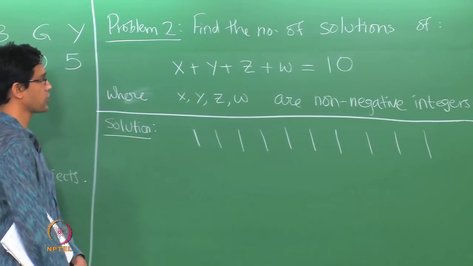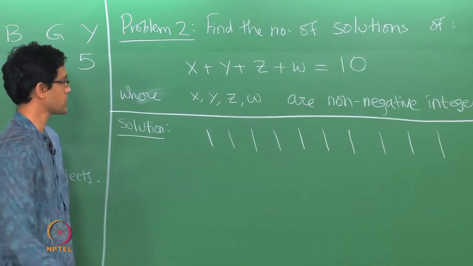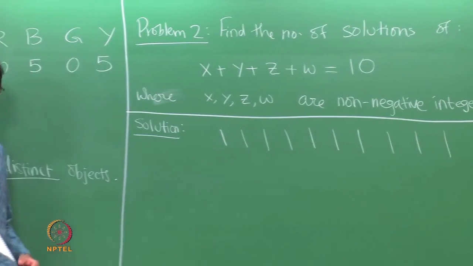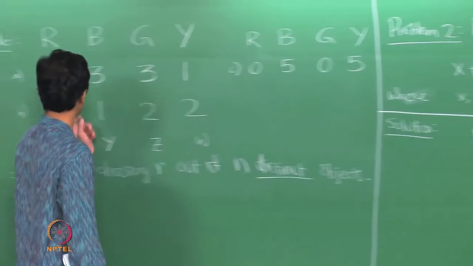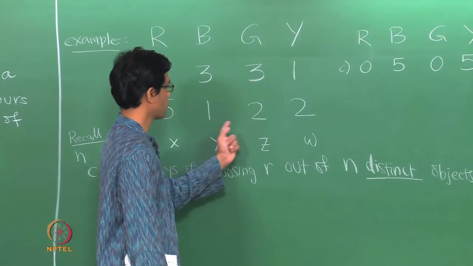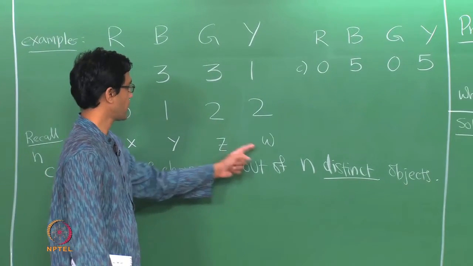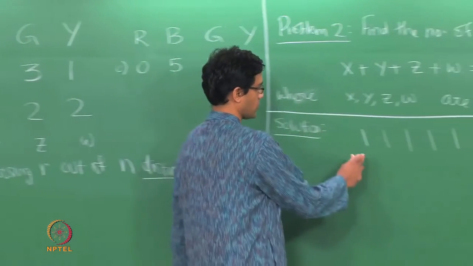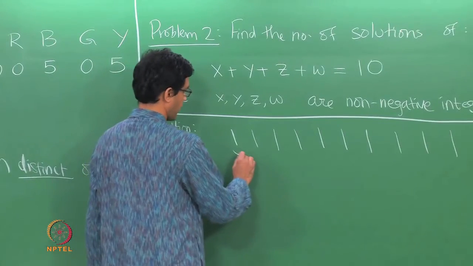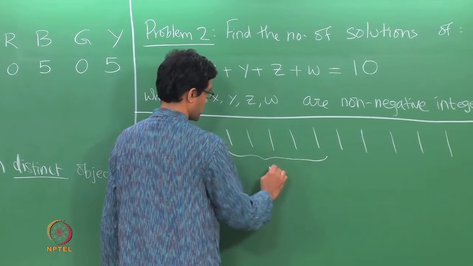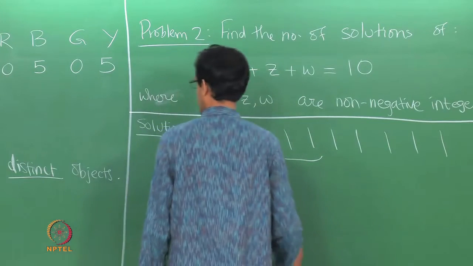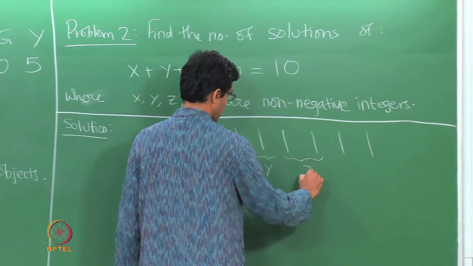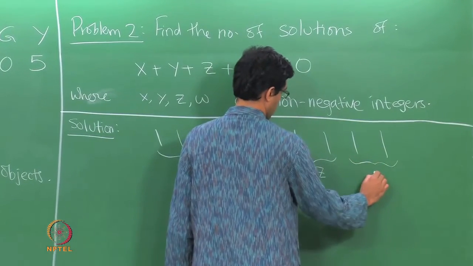If you are given a solution x, y, z, w, suppose I take the solution that we already had: x equals 5, y equals 1, z equals 2 and w equals 2. So 5, 1, 2, 2, we will think of it as follows. So x is 5, so there are 5 ones, this much is x, y was 1, so that is y, z is 2 and w is 2.